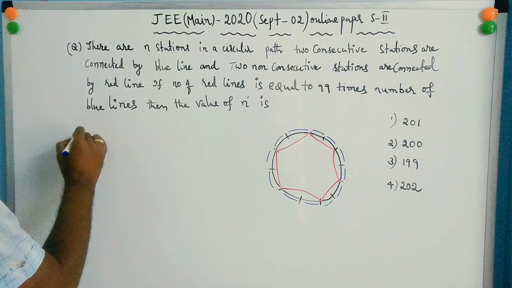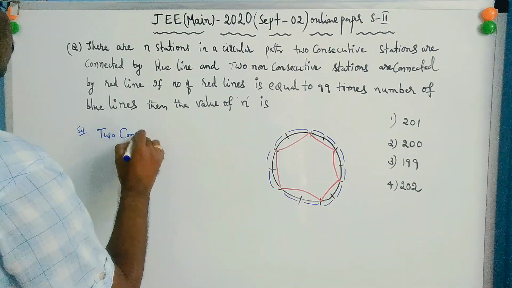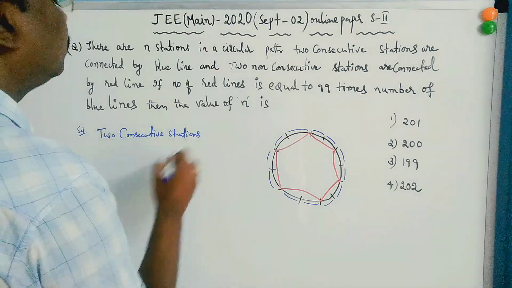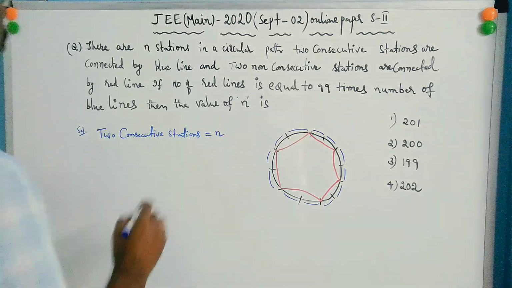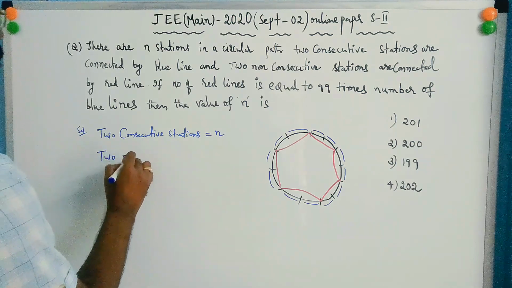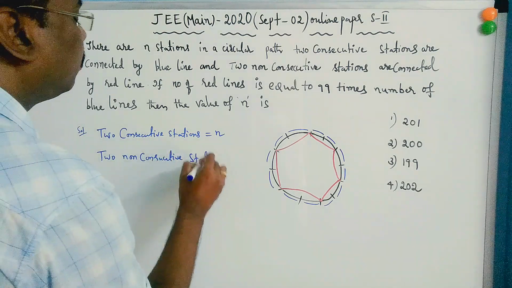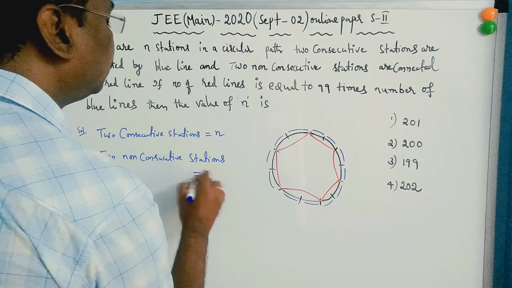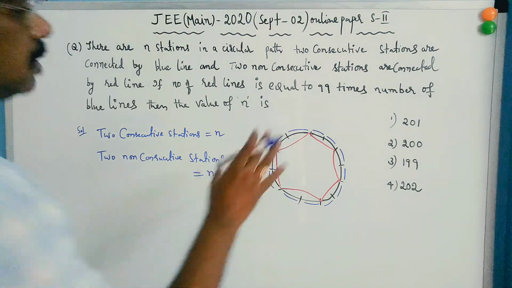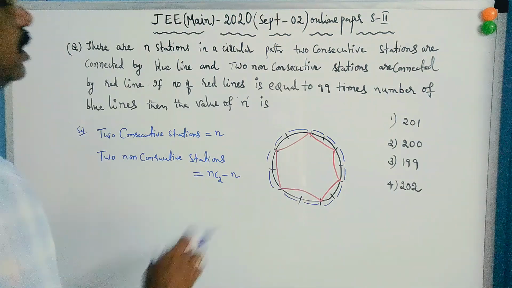Two consecutive stations is equal to n. Two non-consecutive stations is equal to nC2 minus n. Okay, n sides of a polygon is given, so the number of diagonals is nC2 minus n.